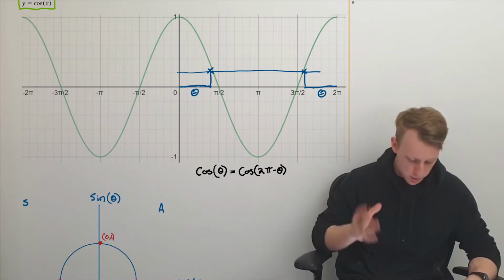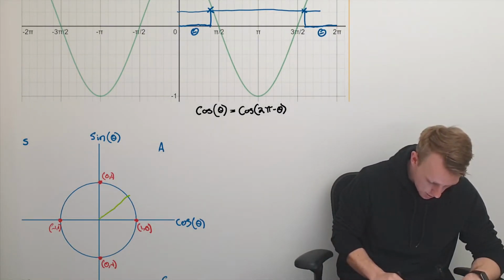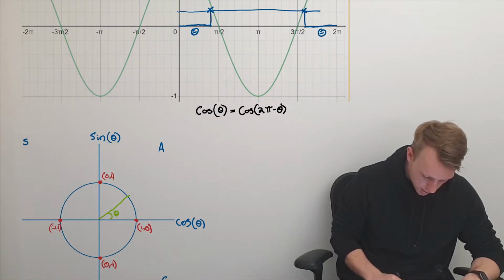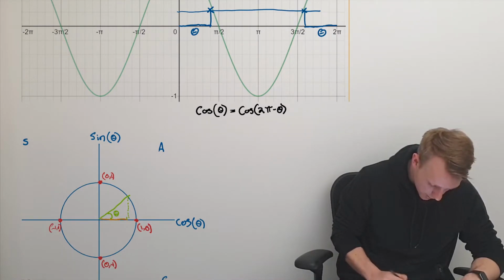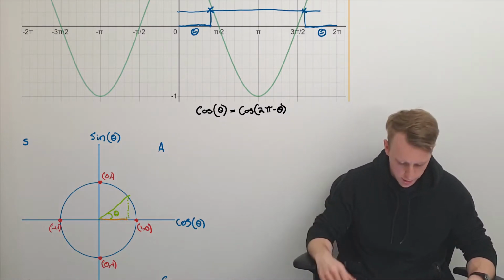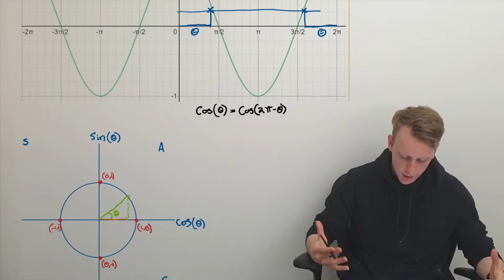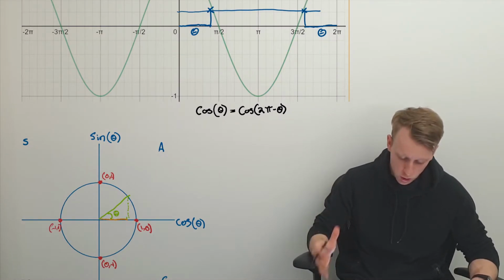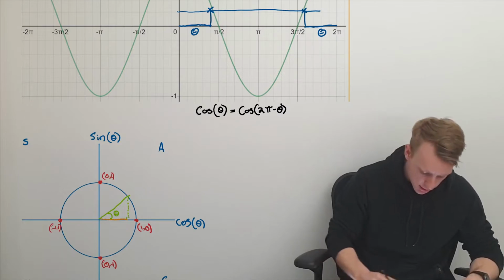Alright, that one's sweet, and we'll see it on the unit circle. So this is what it implies. If I go out some angle, theta, I know I'm going to get a value here. And specifically with cos, I know that this is my value, the length of whatever that orange line is. Now, what we're saying here is that yes, I can get the same value for cos if I just take 2 pi and subtract that amount there.